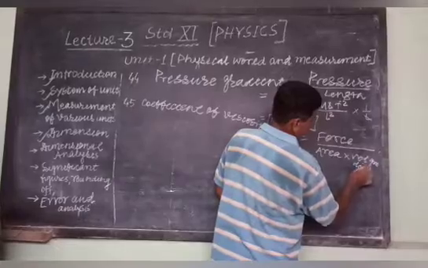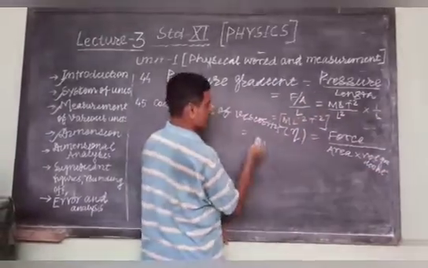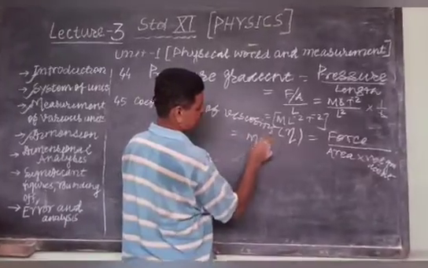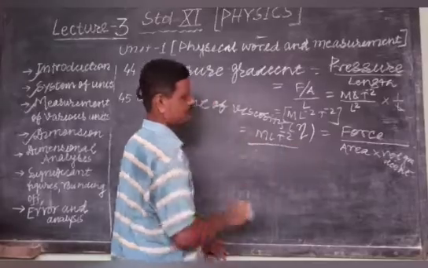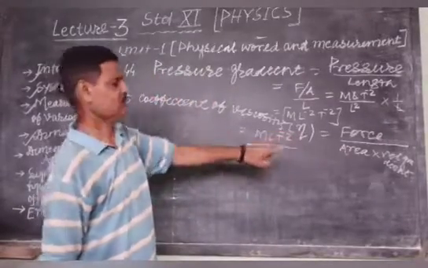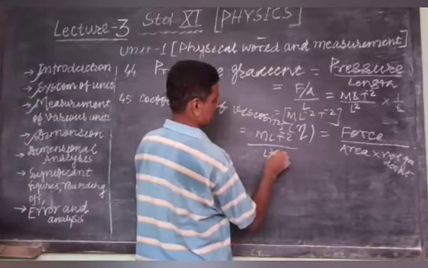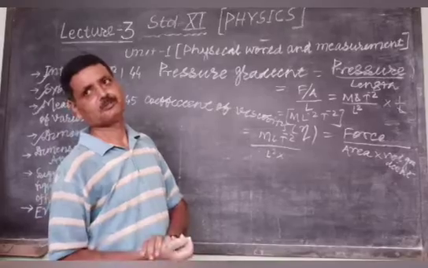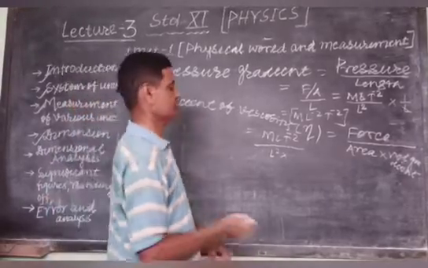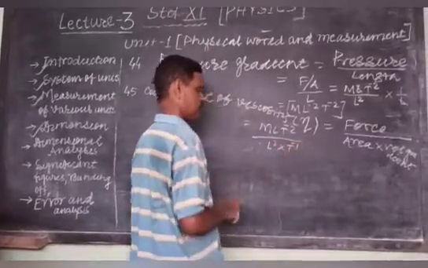Force is ml t to the power minus 2. Area is L square, and velocity gradient, recall velocity by length, L t minus 1 by L, is t to the power minus 1.